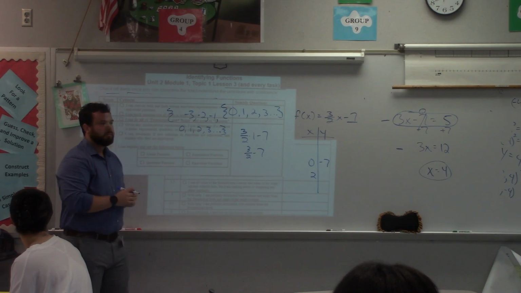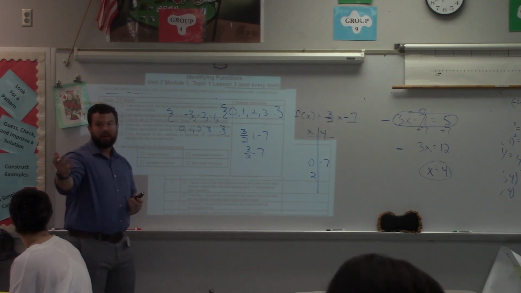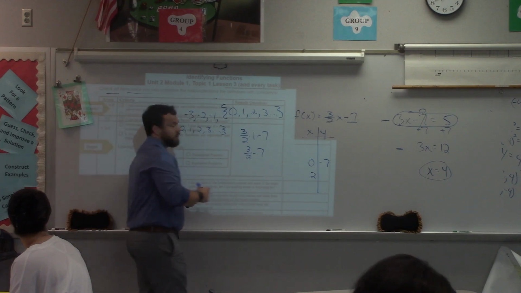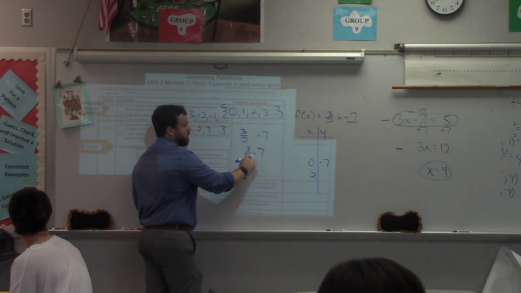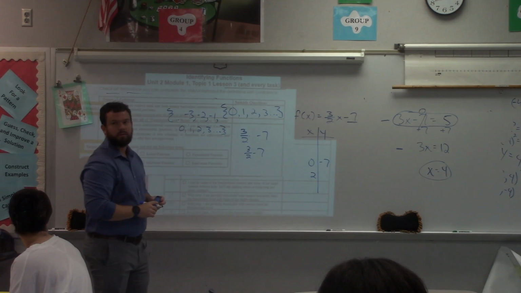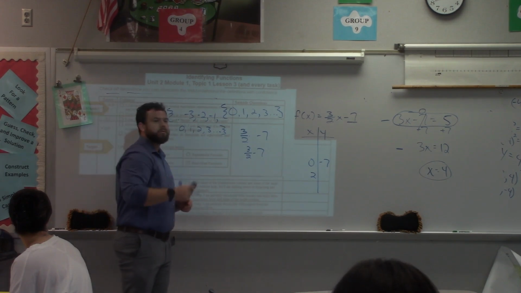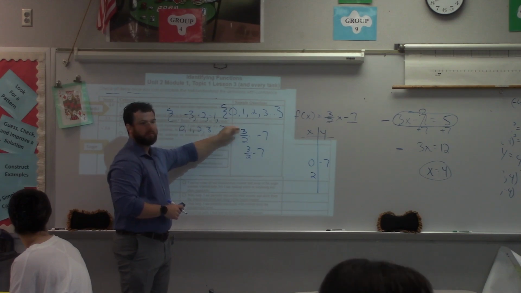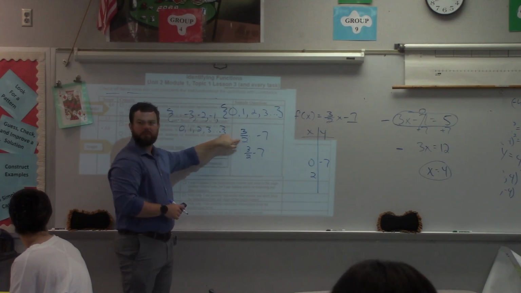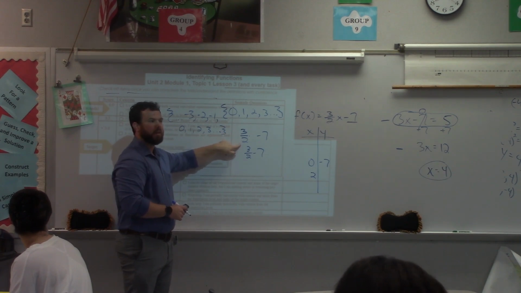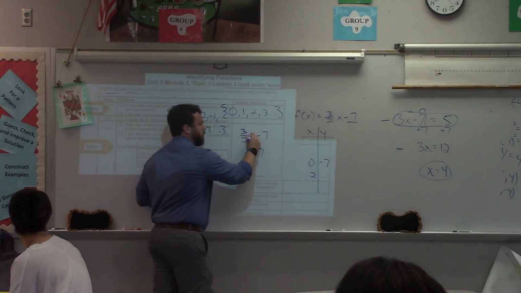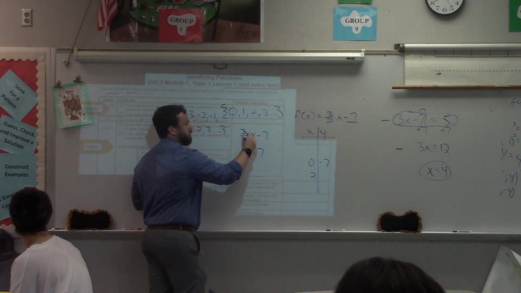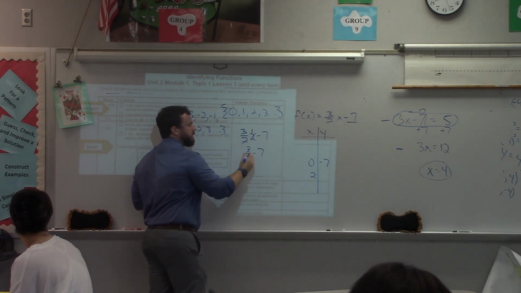Okay? Now, does anyone know why I picked 2? Do you know how I knew that it was going to give me an integer? Not sure? Hey, Miles, can you read this for me real quick? Divided by 2. So what am I doing right here? Dividing by 2. So if I multiply by 2, I get 3 minus 7, and I get negative 4.